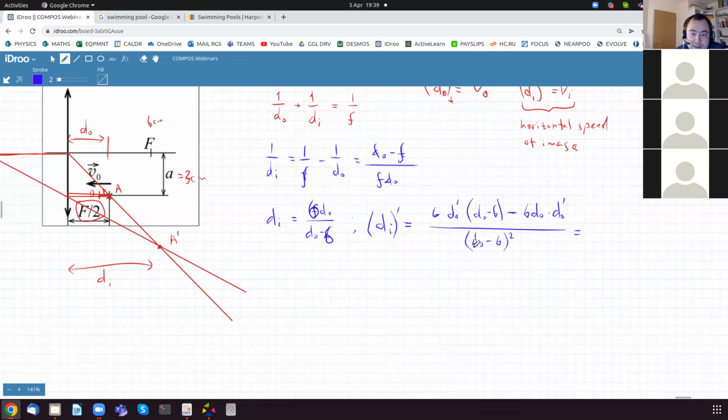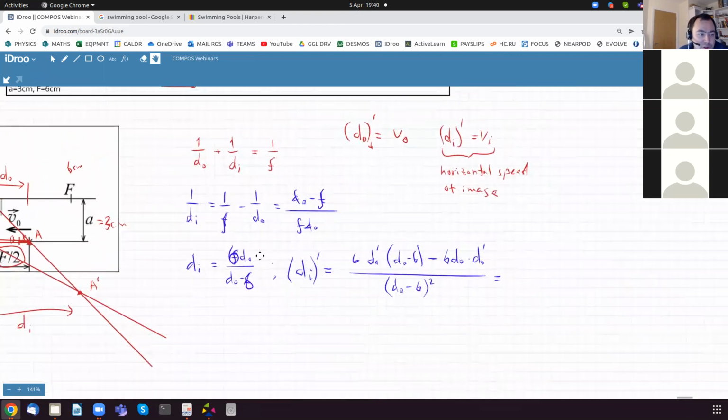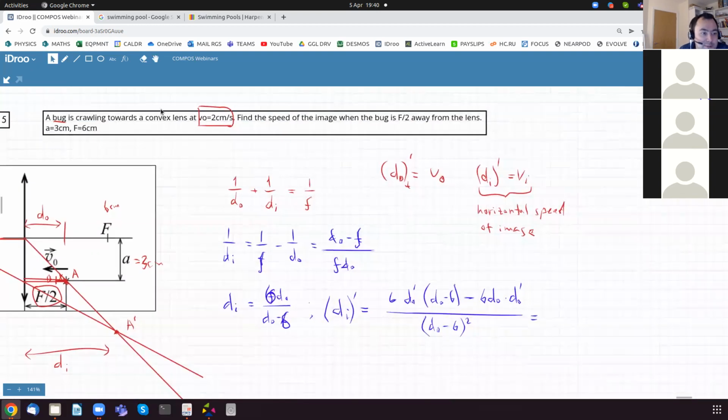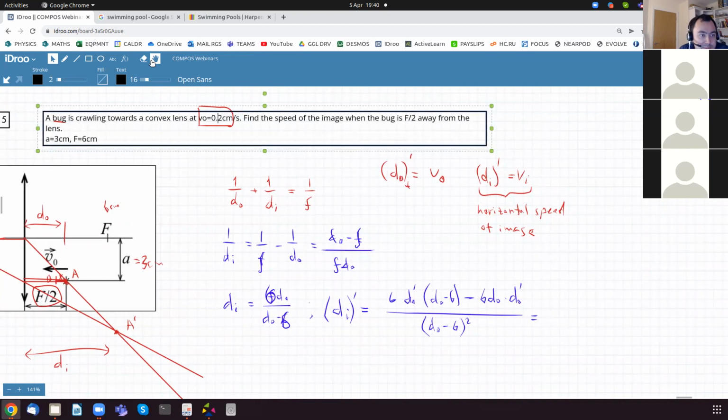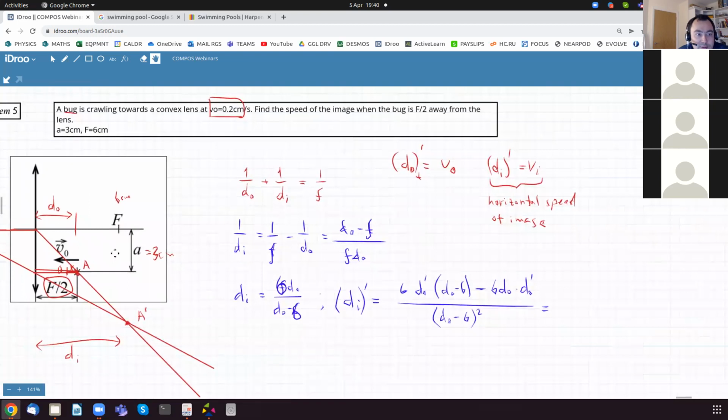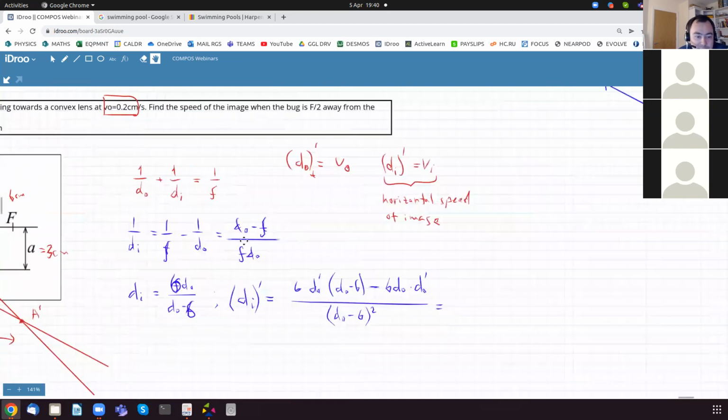And we know that the speed of the object is 0.2, I made a mistake here, 0.2 centimeters per second, and the distance is 3 centimeters because it's f over 2.